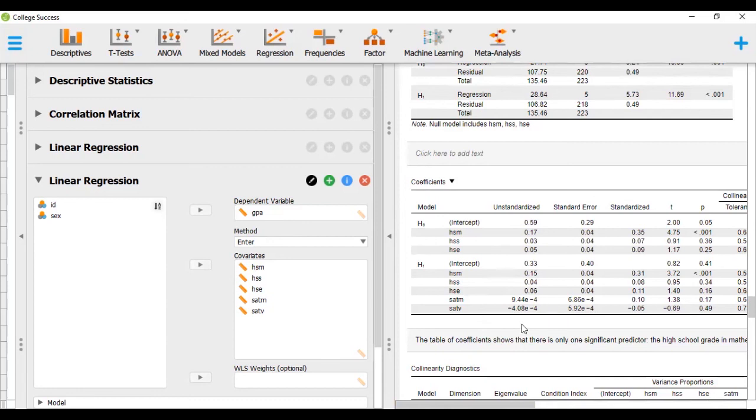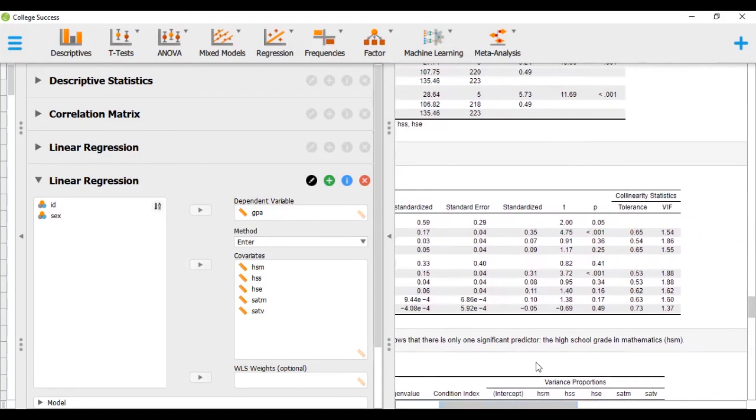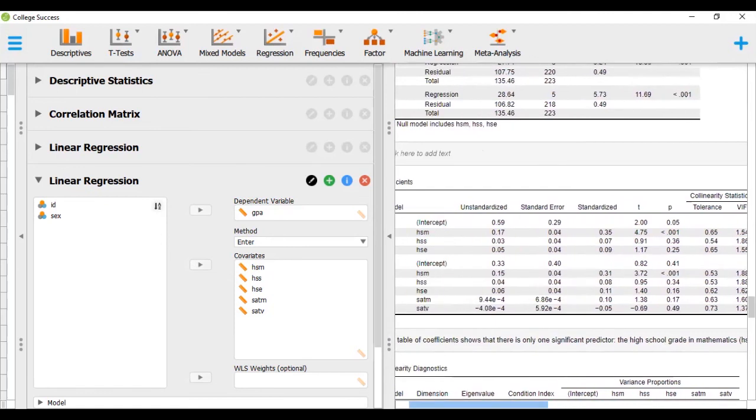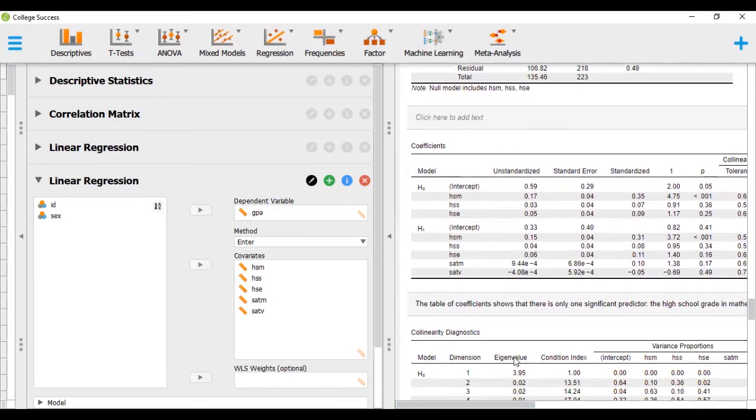And so we can say that the table of coefficients shows that there is only one significant predictor upon the addition of the SAT scores. That is only the high school grade in mathematics actually predicts one's GPA. So basically, this is how we can know exactly what factor contributes to what outcome.